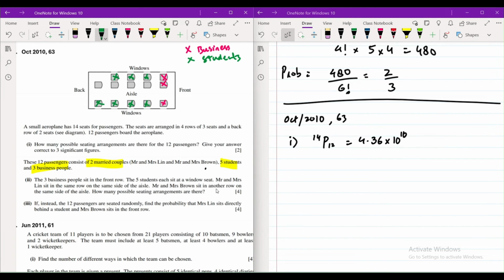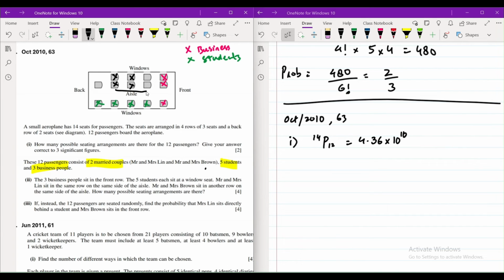And then Mr. and Mrs. Lane sit in the same row on the same side of the aisle. Mr. and Mrs. Brown sit in another row on the same side of the aisle. So basically, in these 3 pairs, we have Mr. and Mrs. Lane, Mr. and Mrs. Brown.